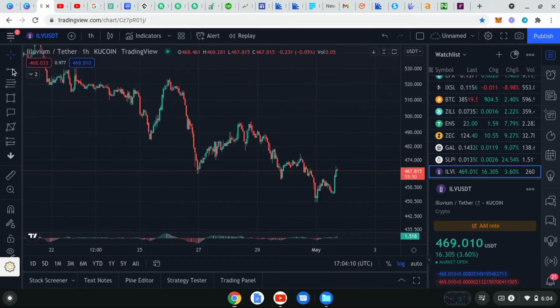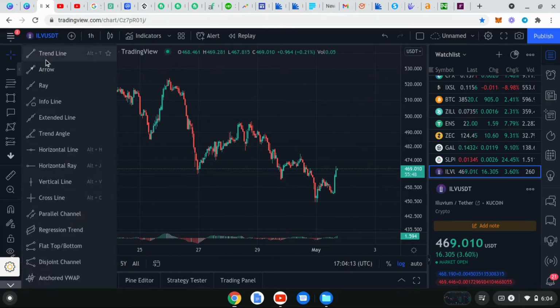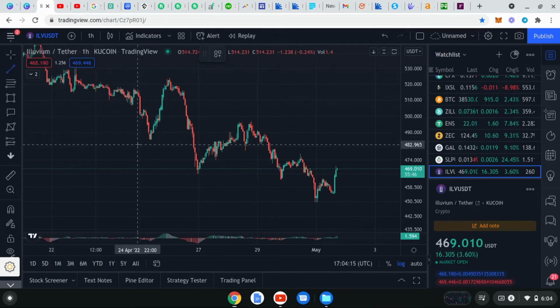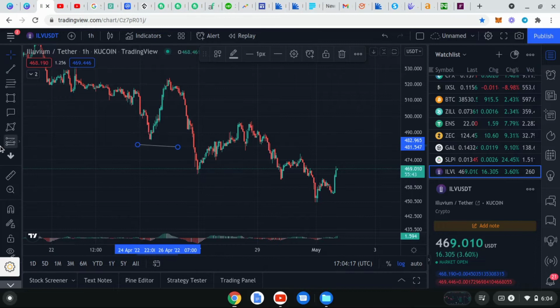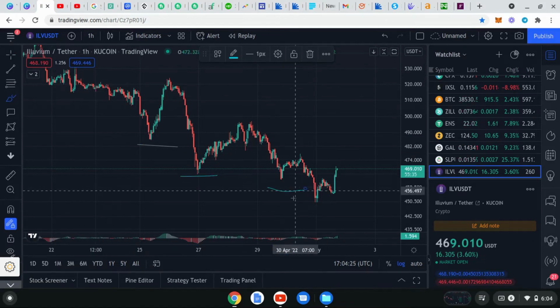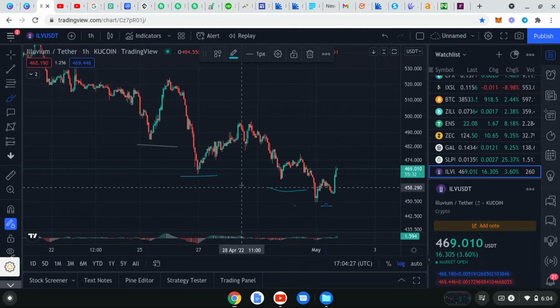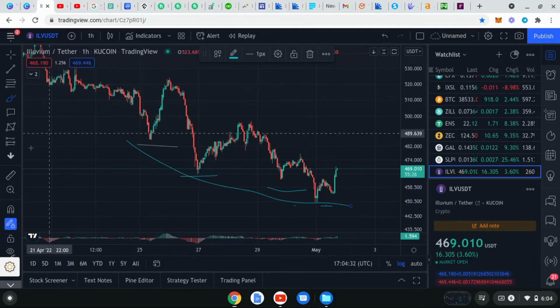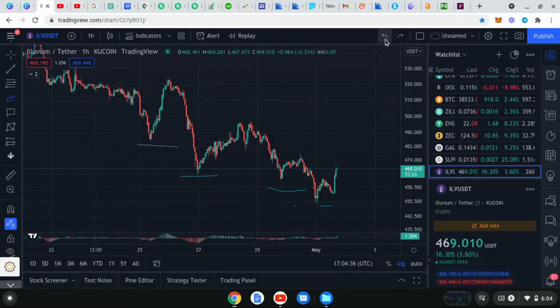As you can see, Illuvium is in a downtrend from here, making new lows. So definitely we are in a downtrend, and we are looking for sell setups only. Since Illuvium is on a downtrend, we will only be looking for sell setups.